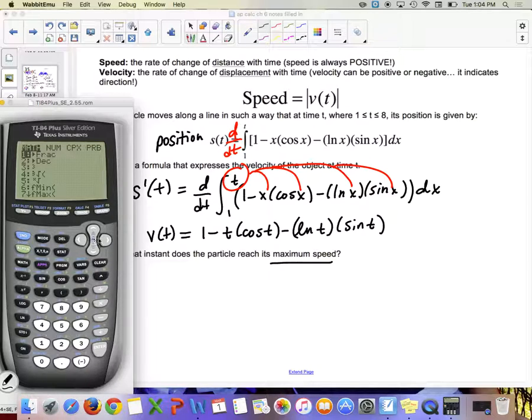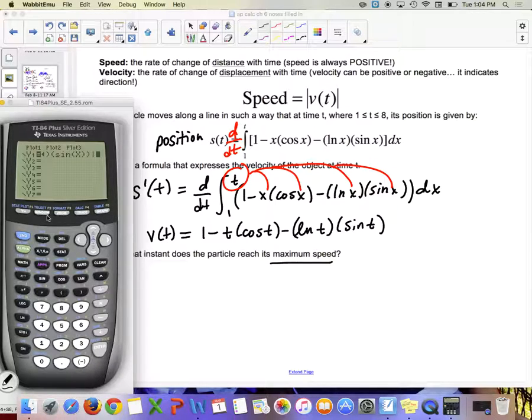So we're going to do math, number, absolute value of 1 minus x cosine of x minus natural log of x times sine of x. All right, so I have everything in absolute values.